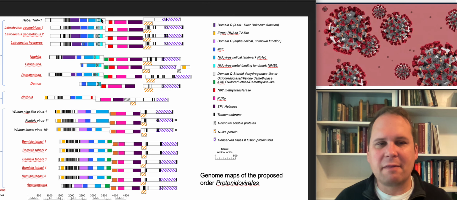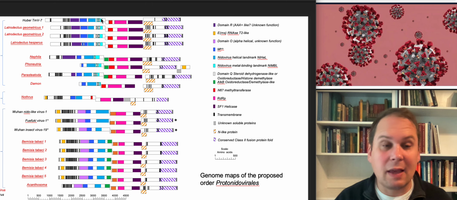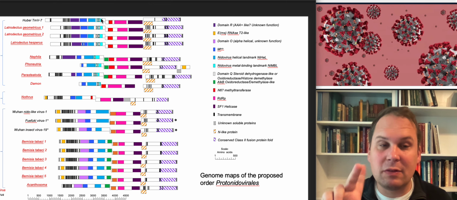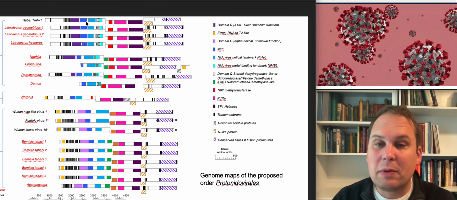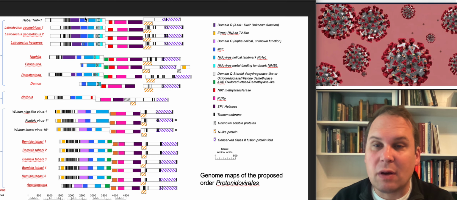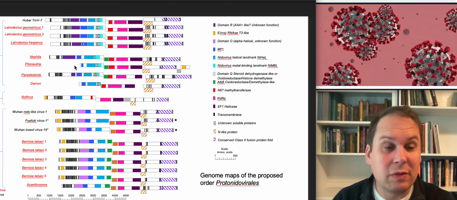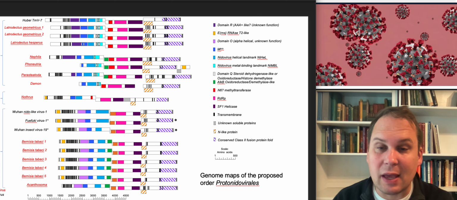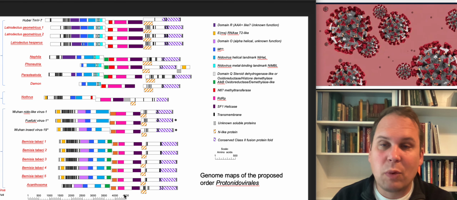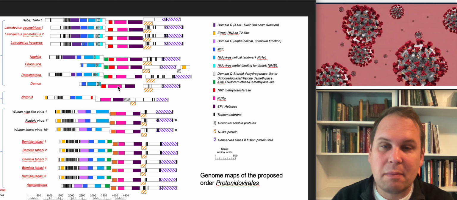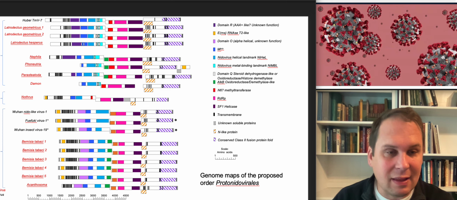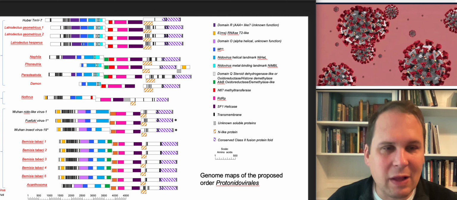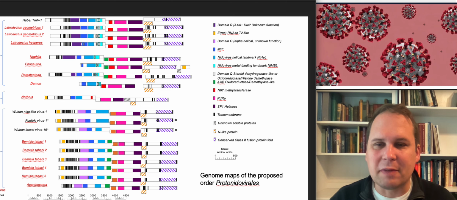Instead of one big polyprotein, they have a polyprotein broken down into two chunks: open reading frame 1A, which always contains this blue thing, a relative of the main protease, and open reading frame 1B, which always contains the polymerase and the helicase, the equivalent of NSP12 and 13 of coronavirus.